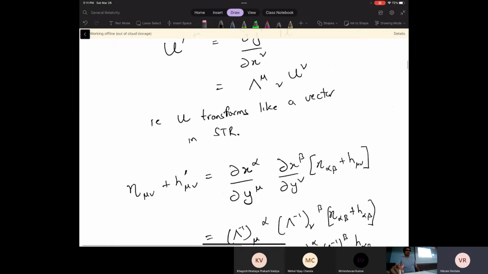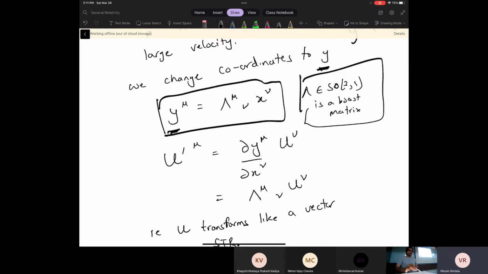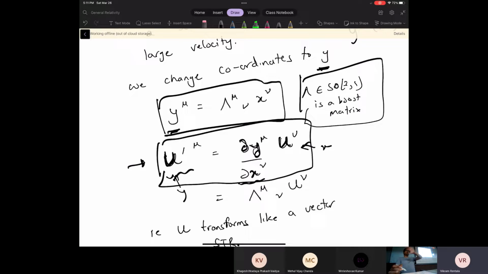Now, finally, under a general transformation, this 4 vector u should satisfy the tensor transformation law. It should be transformed as partial y mu, partial x nu, u nu. So if I switch from the x coordinate system to the y coordinate system in general relativity, this is the dictionary which takes me from the components of the old 4 vector to the new 4 vector. However, if this is my coordinate transformation, the partial y mu, partial x nu is just lambda mu nu, which is a constant.